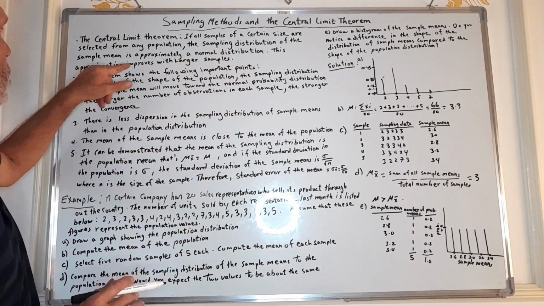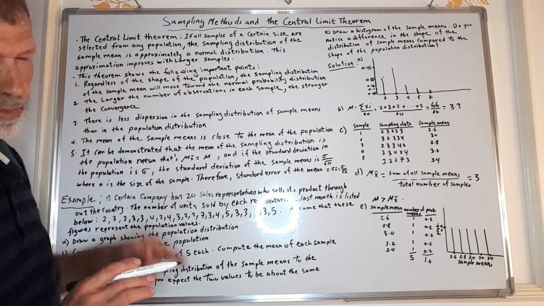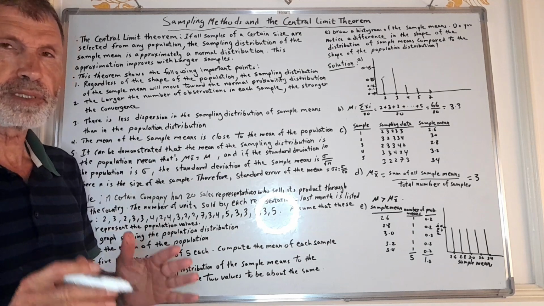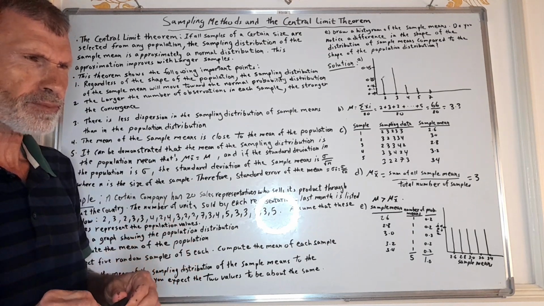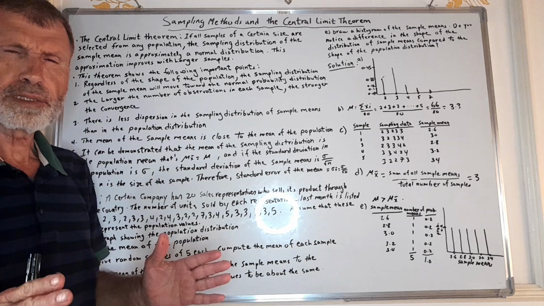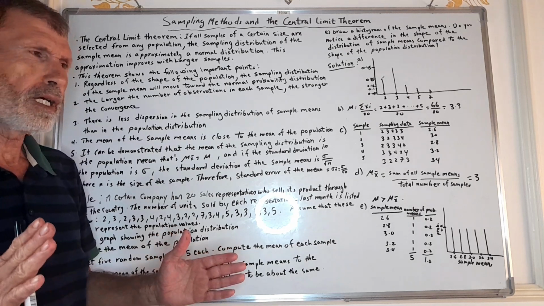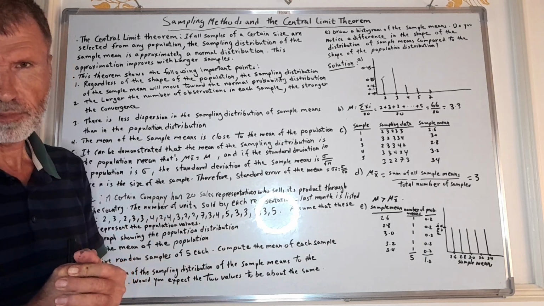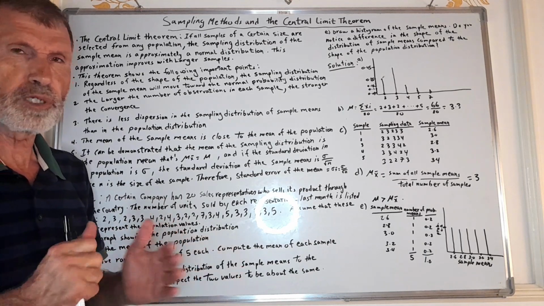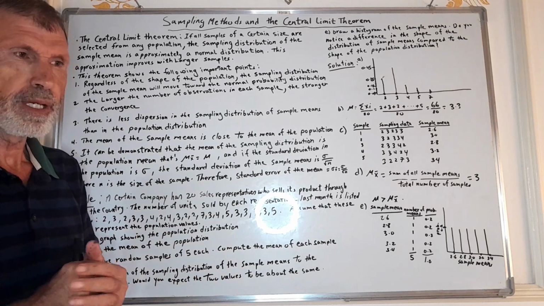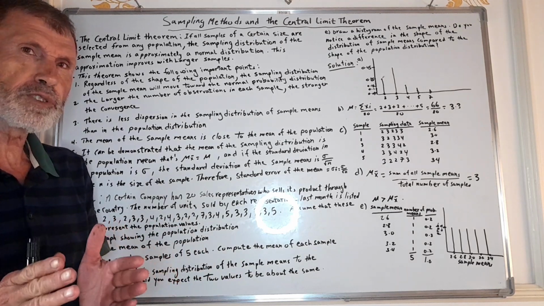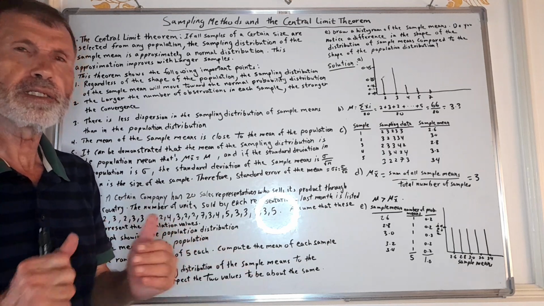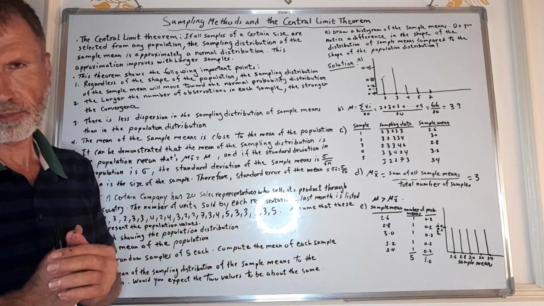This approximation improves with larger samples. Here is what the central limit theorem actually says: no matter the shape of the population distribution, when you sample from that population, you're going to have a distribution that has a different shape than the population.